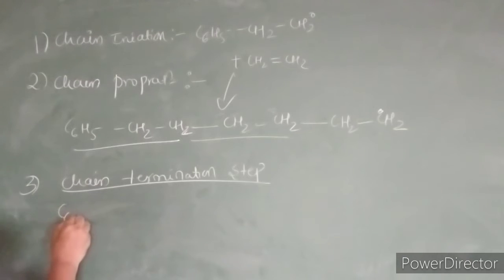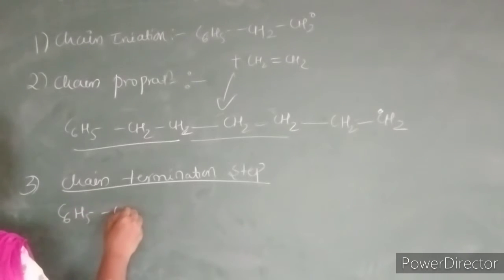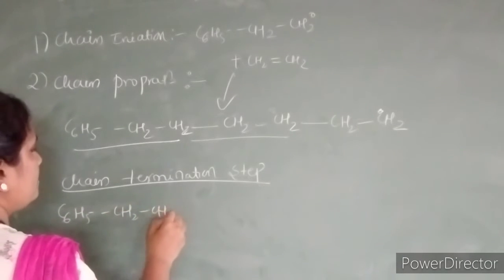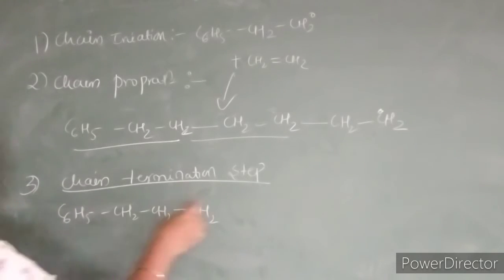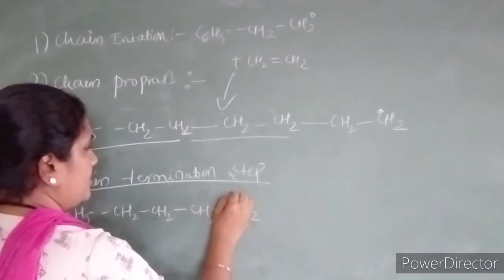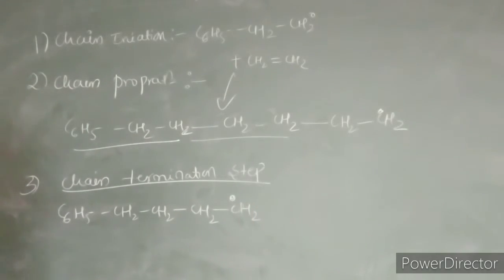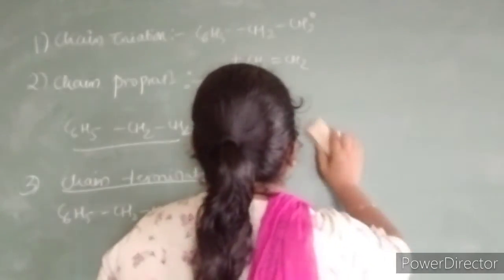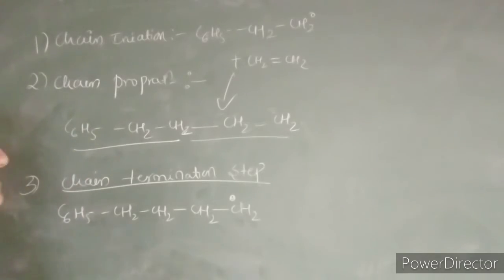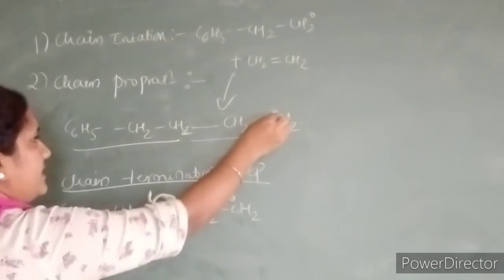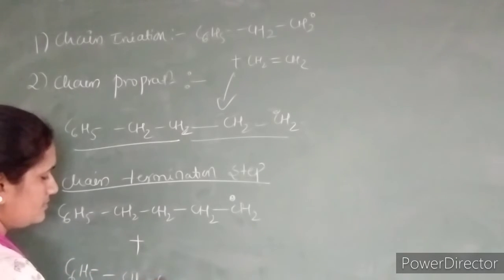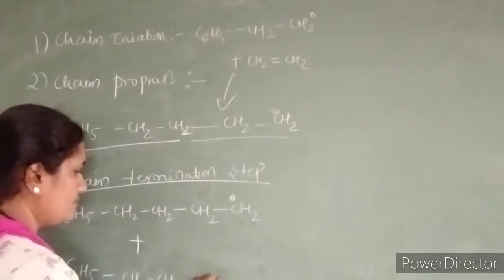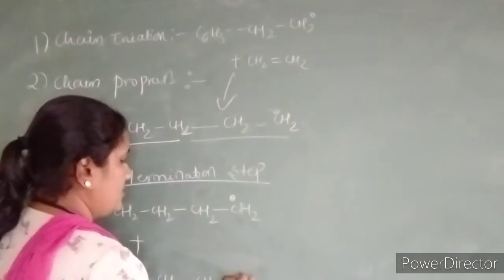I will write here C6H5 CH2 CH2 CH2. I will stop here only because otherwise the chain would keep lengthening. It should react with a similar chain, C6H5 CH2 CH2 CH2 CH2 here.